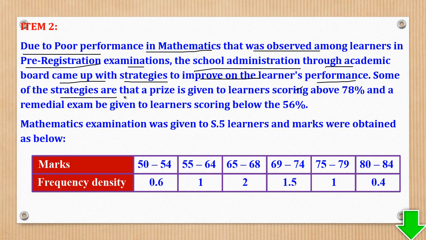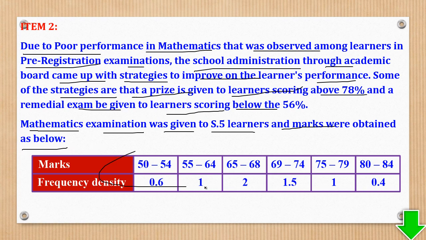Some of the strategies are that a prize is given to learners scoring above 78%, and a remedial exam be given to learners scoring below 56%. A mathematics examination was given to S.5 learners, and marks were obtained as below.